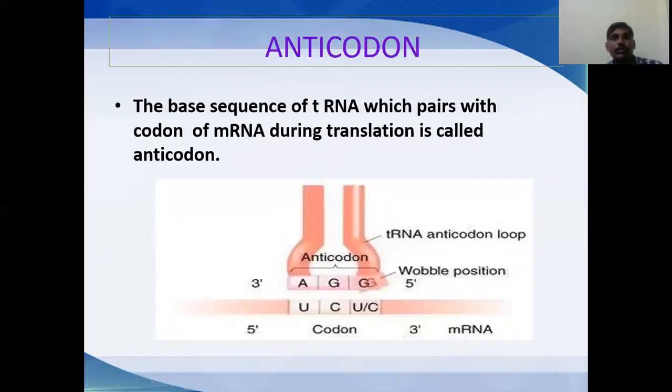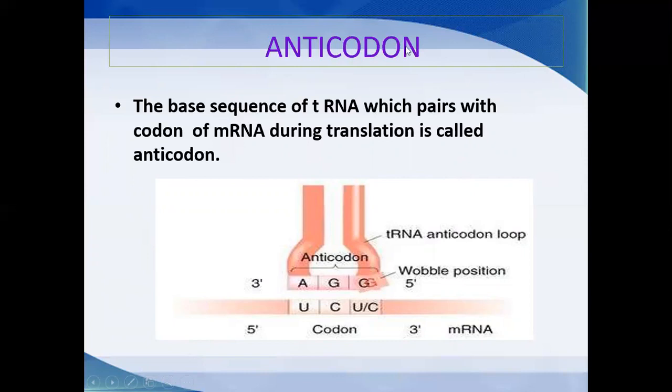So one more thing we need to know about is the anticodon, which is present in the tRNA molecule. The base sequence of tRNA which pairs with the codon of mRNA during translation is called the anticodon. So this is 5' to 3', a single stranded mRNA molecule. On the mRNA molecule, different codons are there. This codon is partially bonded with the anticodon of the tRNA molecule.